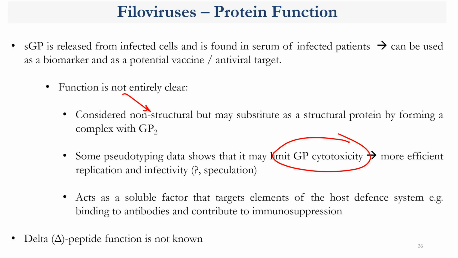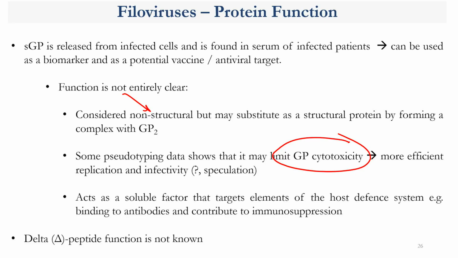So if you kill the cell that you're in, you're not going to be able to use the machinery anymore. So by lowering the cytotoxicity, it's possible that it allows for better replication and infectivity. You can make more particles by making the cell live longer, okay?